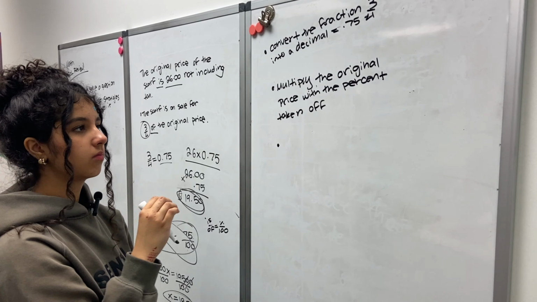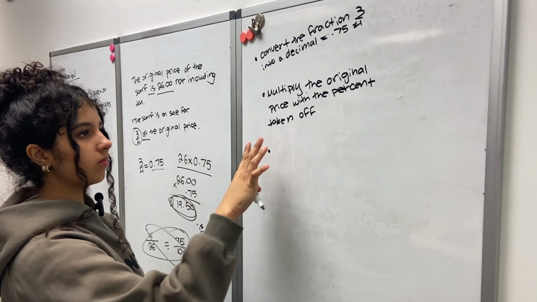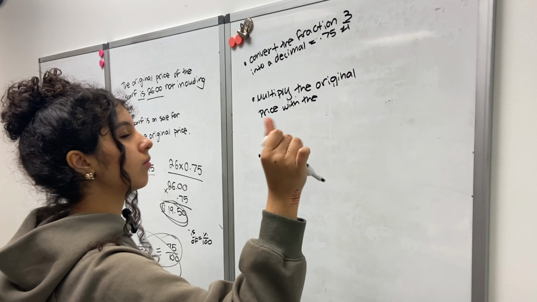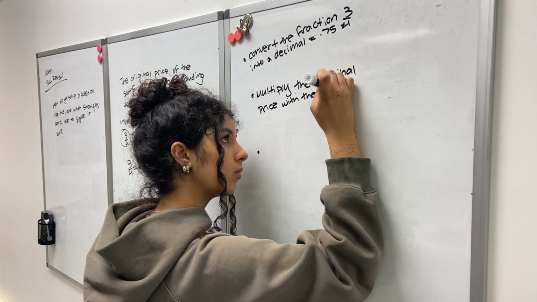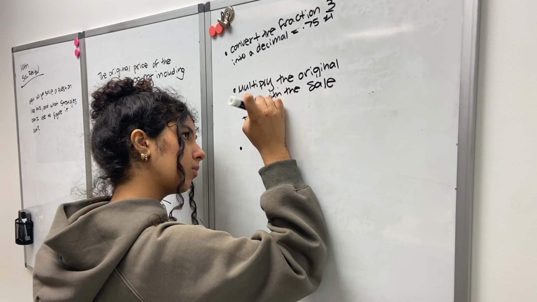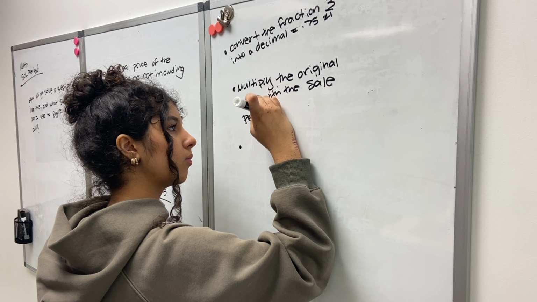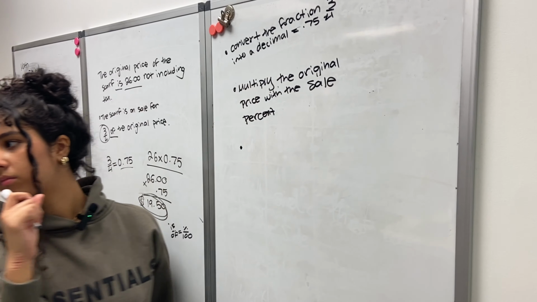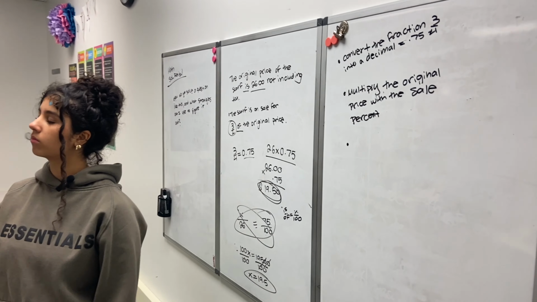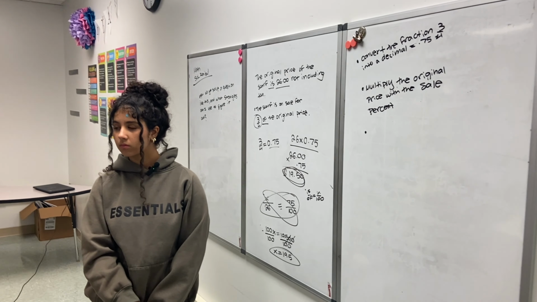Or however you would like to say that, so you can remember it. What we're saying there is that we multiplied it times 25%, which we did not. We multiplied the original price with the sale percent, right? Good. And there's lots of ways you can do it. You just have to make sure that you pay really close attention to the question.